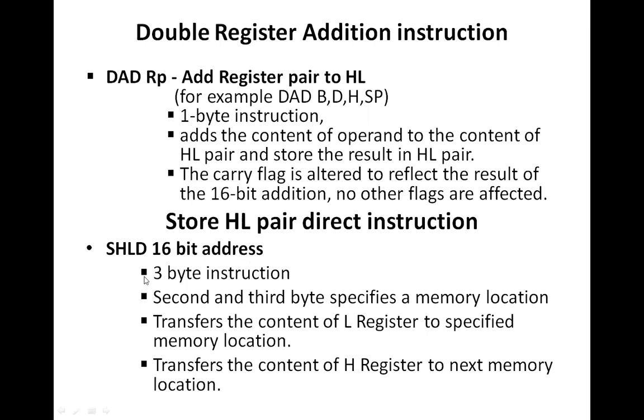So this is a 3-byte instruction, where the second and third bytes specify the memory location where we want to store the content of the HL pair.